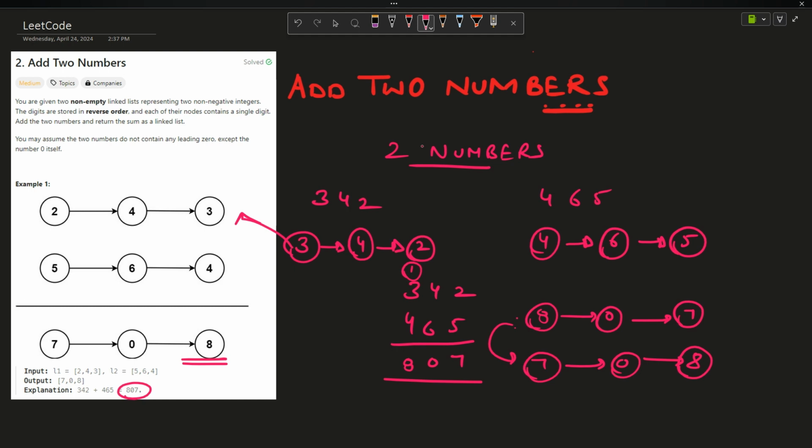So no problem up till here. We have to return this linked list, and the given inputs are this linked list as well as the below linked list. These two linked lists are the given input, and we have to return this as output. I hope there is no problem in understanding the problem, and let us move to the approaches.